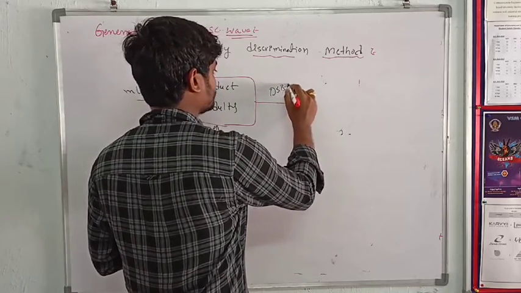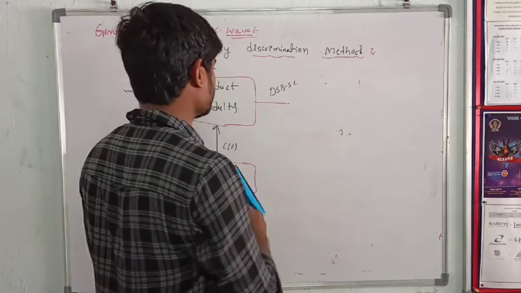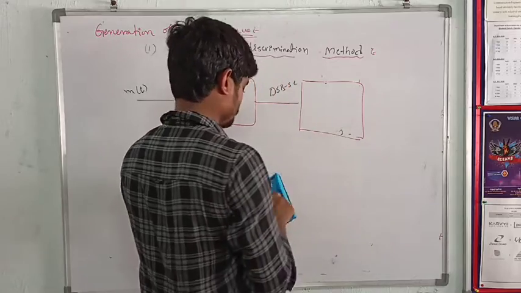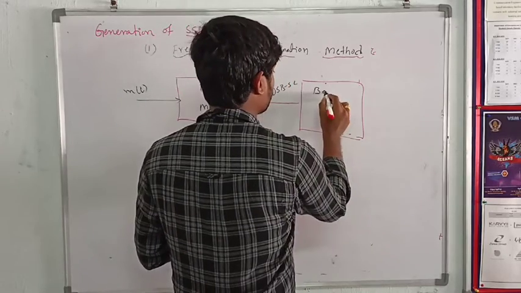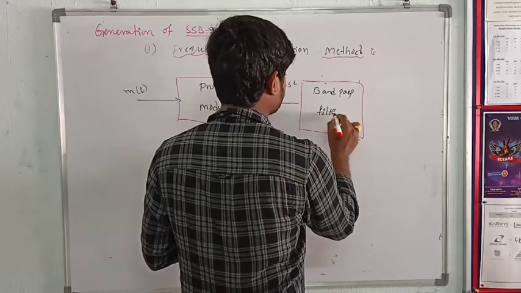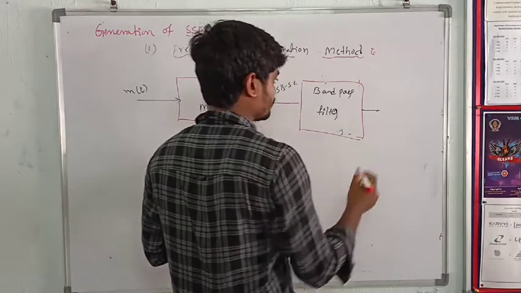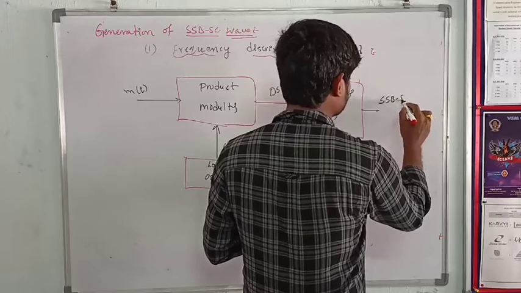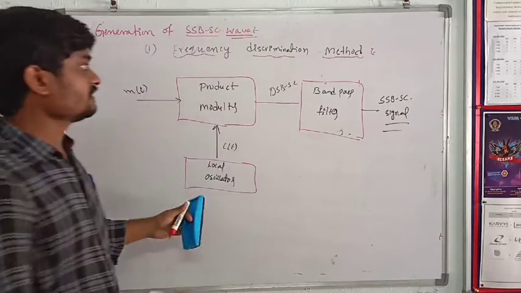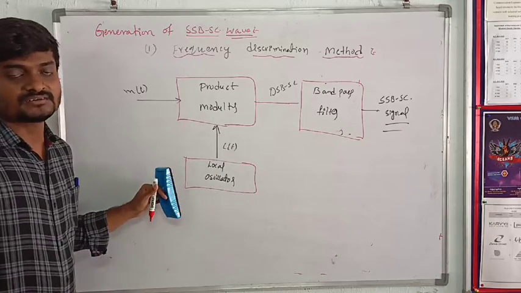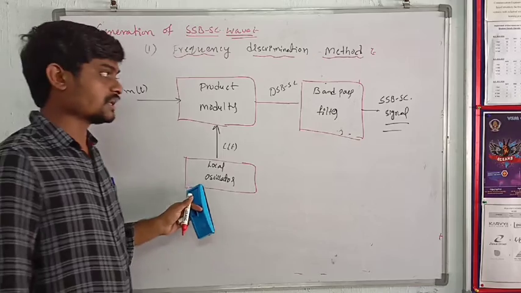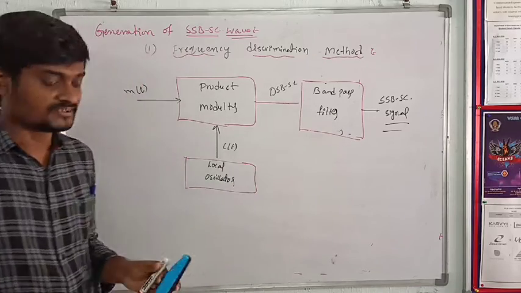It gives the DSBSC signal, which is passed to the band pass filter, and from the band pass filter you get SSPSC. This is the frequency discrimination method or filter method. In this, we use a product modulator, a local oscillator, and a band pass filter.